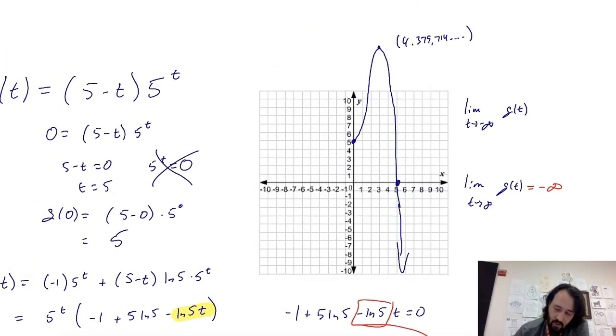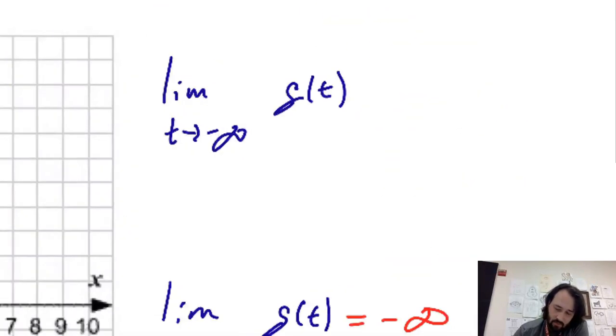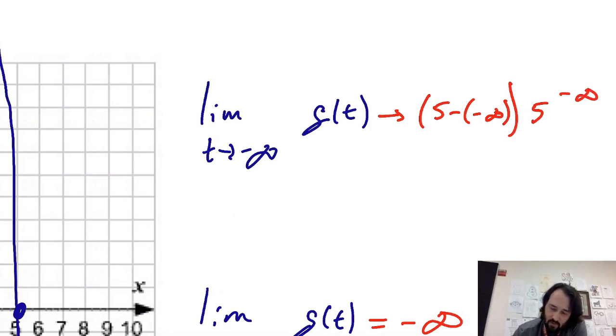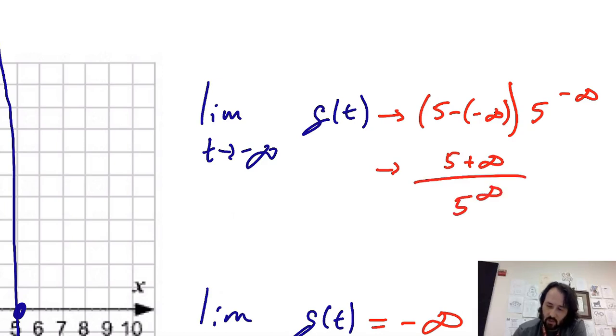So now it's the other way, though. If I put in negative infinity, right, this would yield 5 minus a negative infinity times 5 to the negative infinity, which would yield 5 plus infinity over 5 to the infinity, which we know this exponential is going to be much, much larger than the linear up top, so this might as well be going to 0.